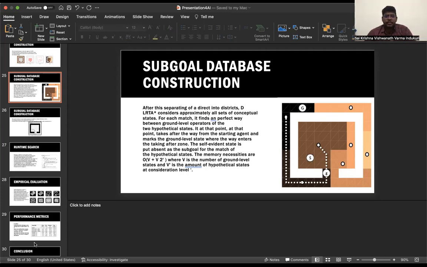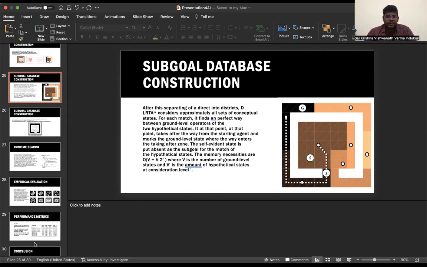At this point, it follows the path from the starting agent and marks the ground-level state where the path enters the following region. The identified state is put away as the sub-goal for the pair of abstract states.